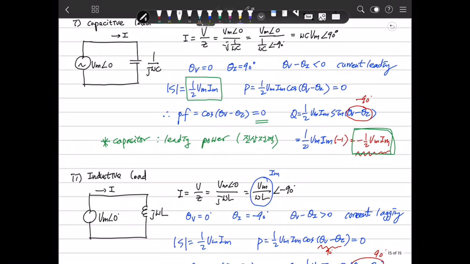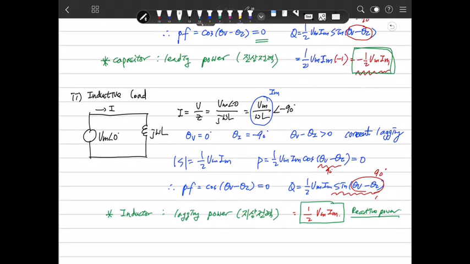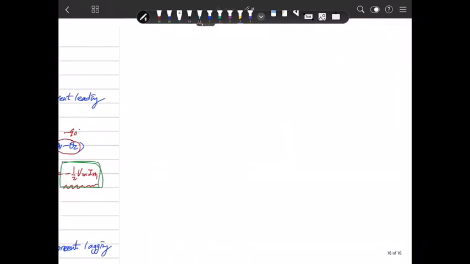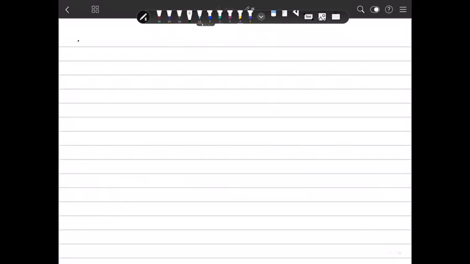So why do we deal with this power factor? Because the power factor is very important when transferring power. I will give you an example. Power factor is very important to deliver power.